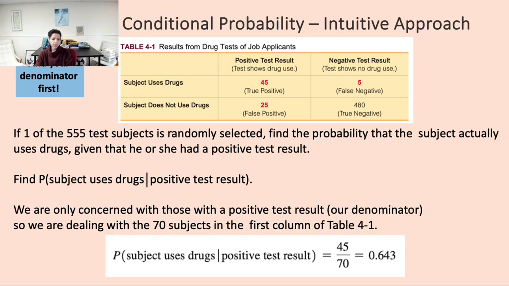So now our starting condition is those who test positive. If we look at this table, the people who test positive are 45 plus 25. That's 70. And the people who actually use drugs out of those people who test positive is 45. And 45 over 70 is 0.643.